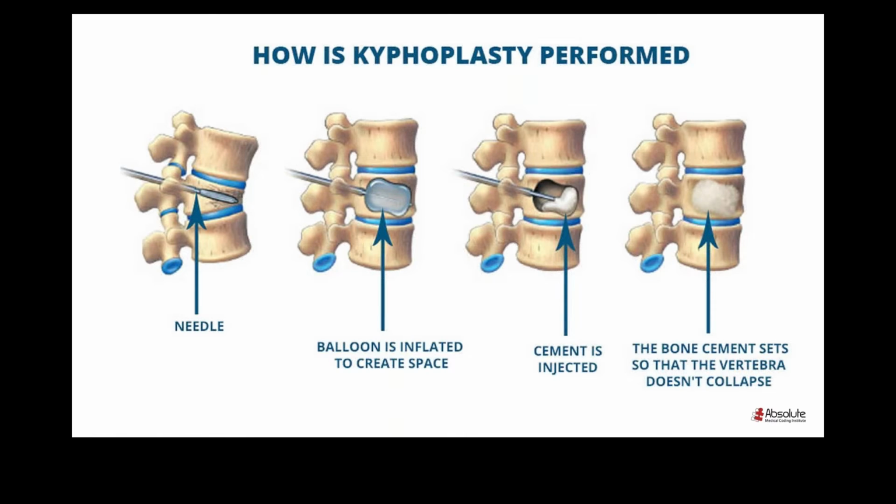Then through the needle cement is injected when it is in the doughy stage, and later the cement sets so that the vertebra doesn't collapse. So you can see how a fractured vertebral body is treated. That's all that happened in the long procedure note which you have seen. So is the procedure clear, coders?